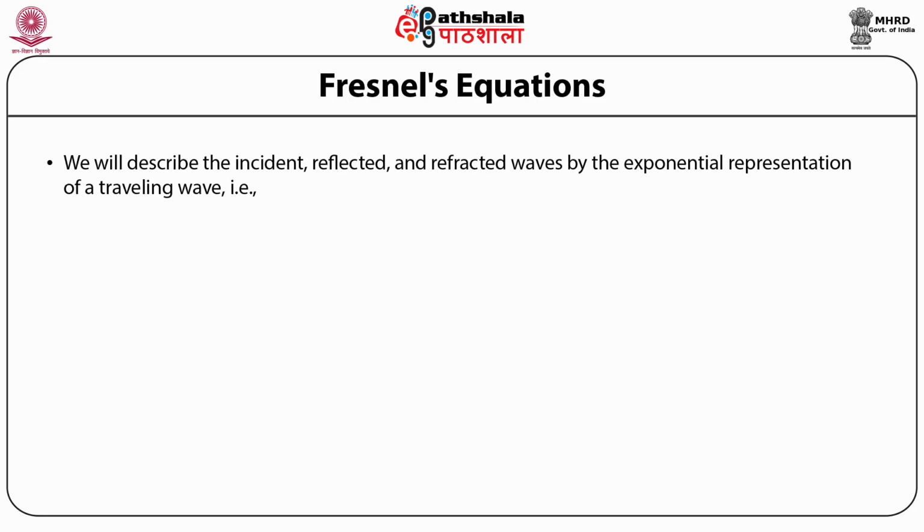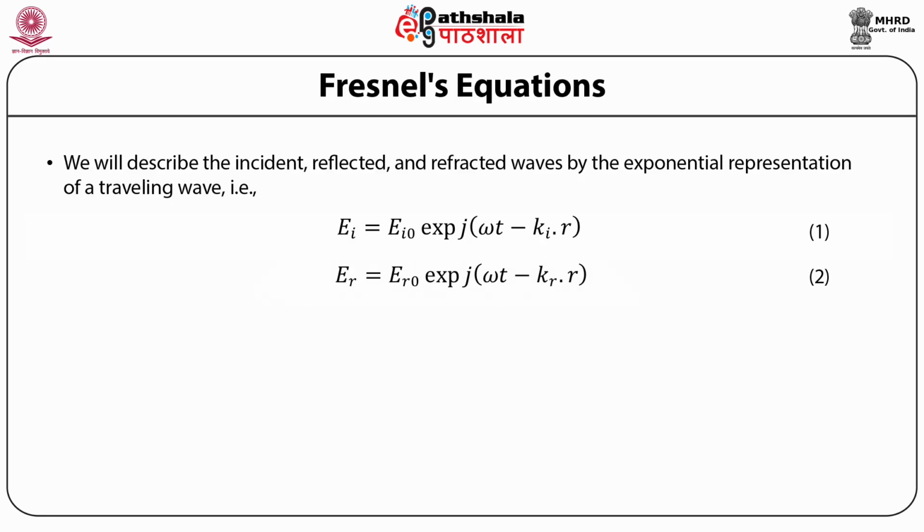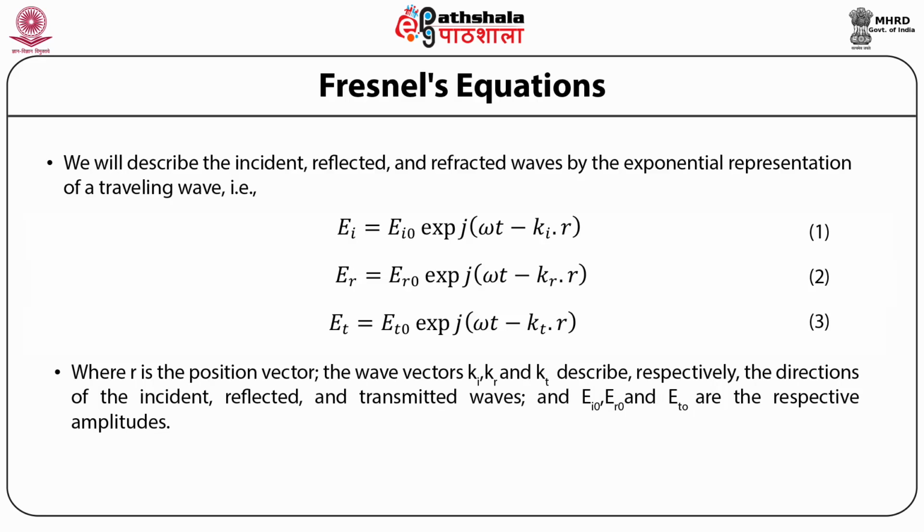We will describe the incident, reflected and refracted waves by the exponential representation of a travelling wave, that is EI is equal to EI0 exponential of j of omega t minus ki dot r. ER is equal to ER0 exponential of j of omega t minus kr dot r, and ET is equal to ET0 exponential of j of omega t minus kt dot r, where r is the position vector.